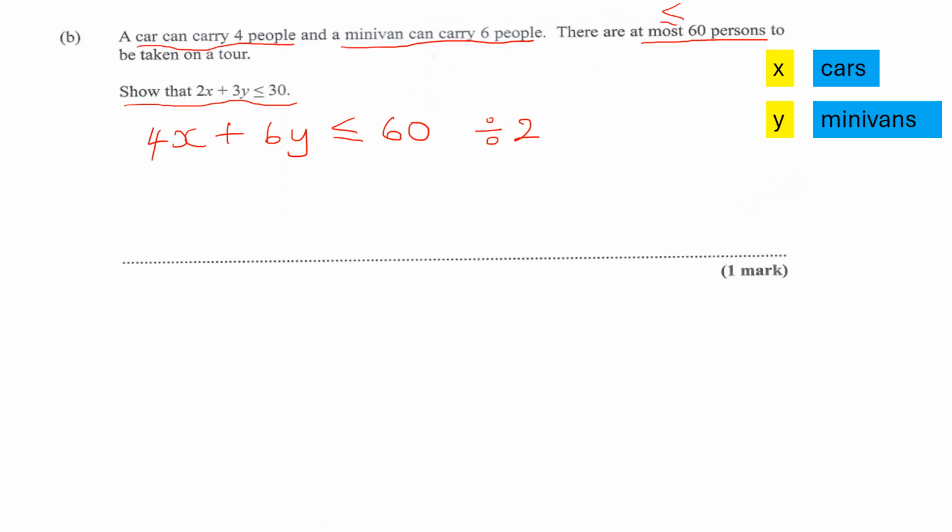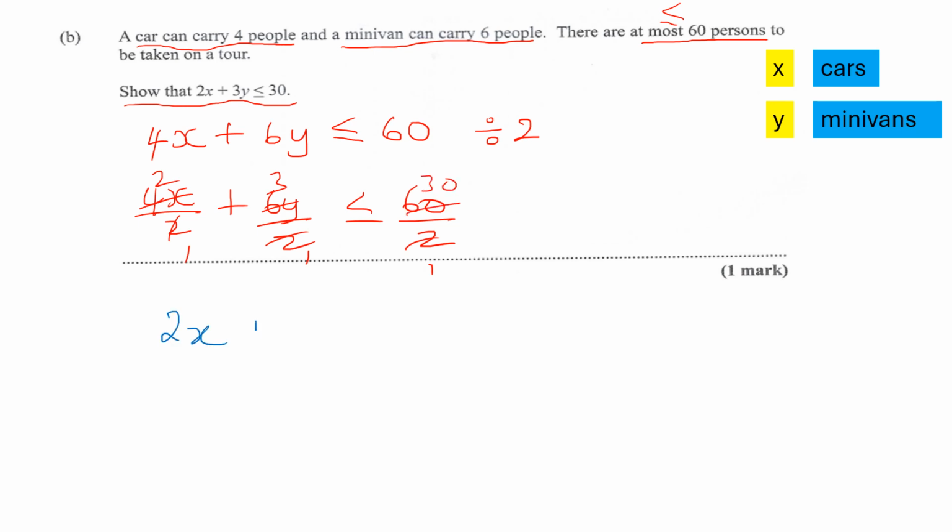Let me show what we have done. 4x divided by 2 plus 6y divided by 2 is less than or equals to 60 divided by 2. So that's 2x plus 3y is less than or equals to 30.